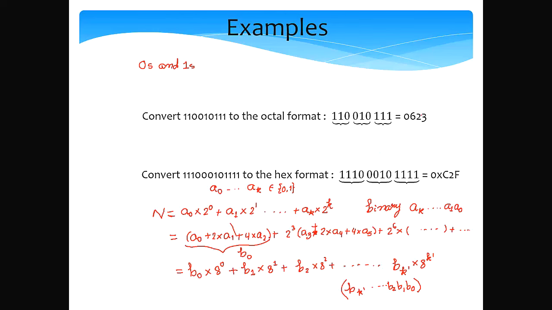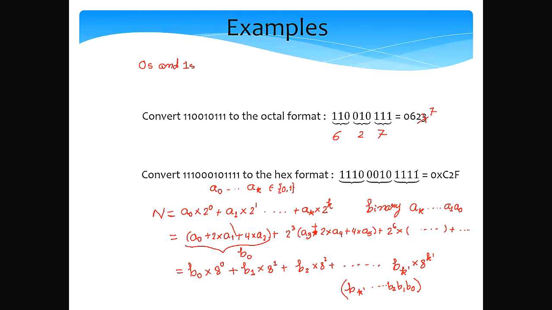So this number, I'm sorry, there's a mistake over here, it should be 7. So this number is a 7, this is a 2, and this is a 6. So this is 0, 6, 2, 7. Similarly, we can take this number over here, and if you want to convert it to base 16, that is also very easy.